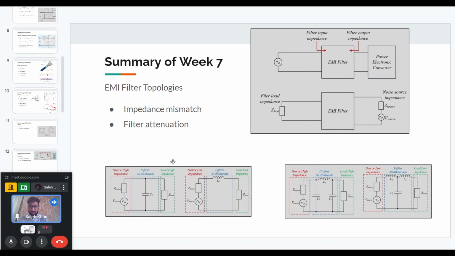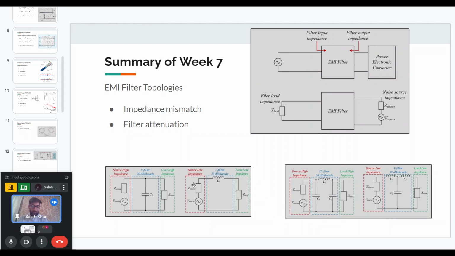filters. For example, if we want to use a very basic filter, we can use either a simple capacitor or a simple inductor. Which one to choose depends on the impedance of the source and load. If the source and load both have high impedances, then we want our filter to have low impedance, so that it will provide a path for the EMI, and the EMI will prefer this path.